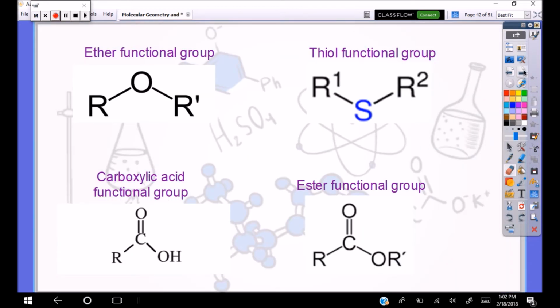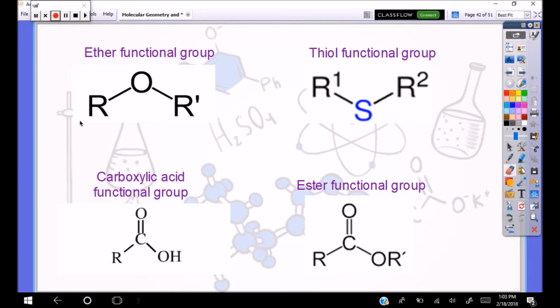Ethers. Ether is an oxygen sandwich. It's oxygen just in between two R groups, usually two carbons attached to it. We also have a thiol, which is like an ether, but it's a sulfur sandwich. And then esters.